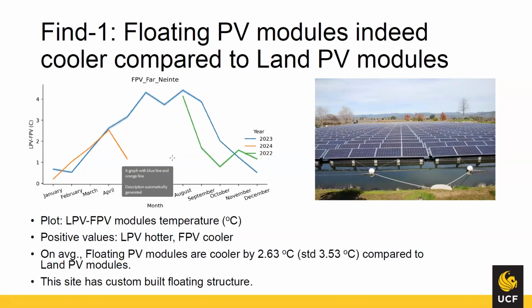Overall, the floating PV modules operate around 2.63 Celsius cooler, with a standard deviation of 3.53 Celsius, compared to the land PV modules.